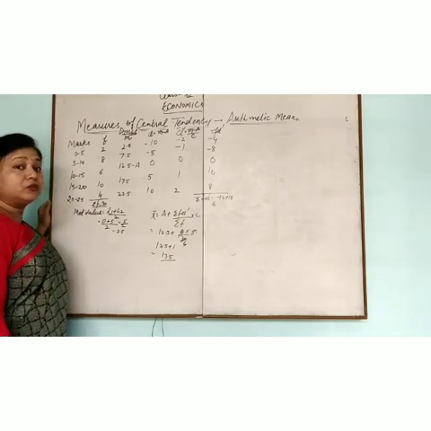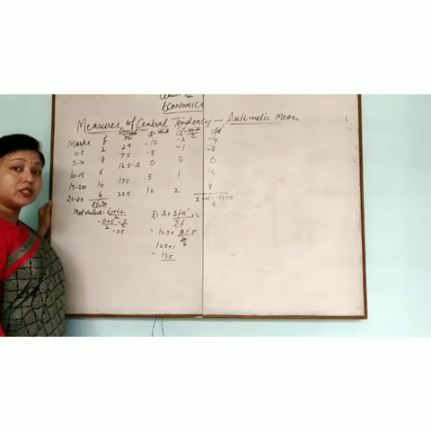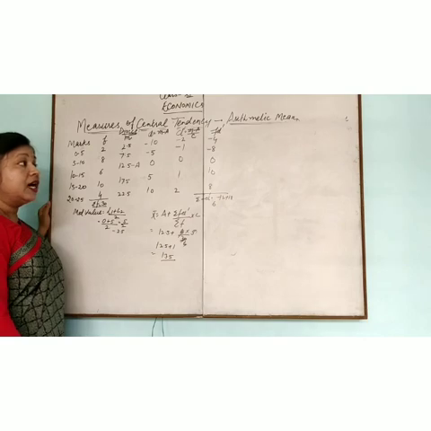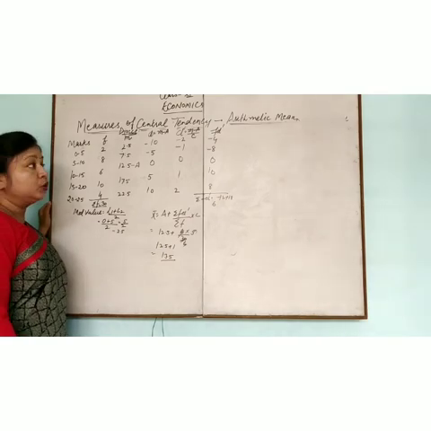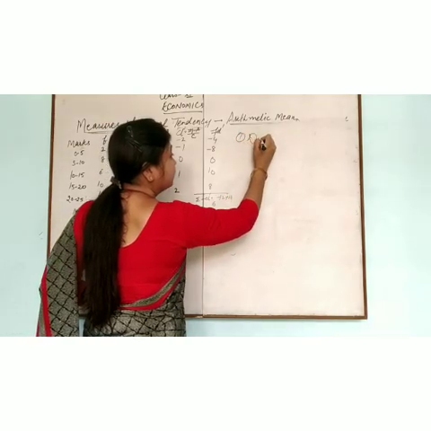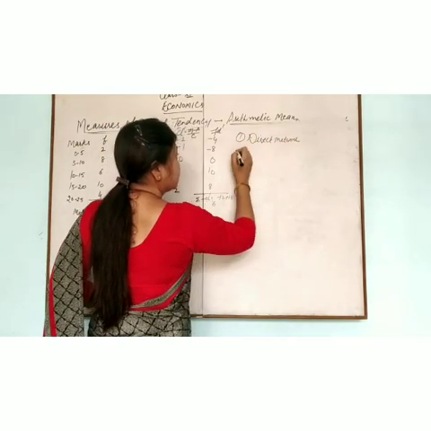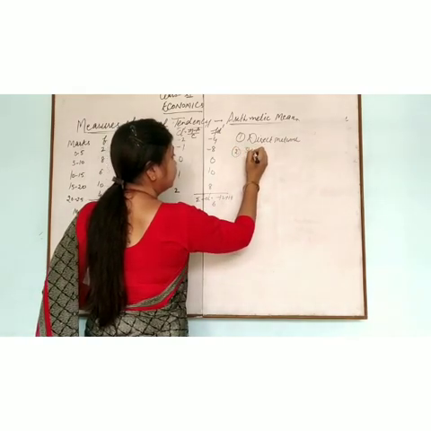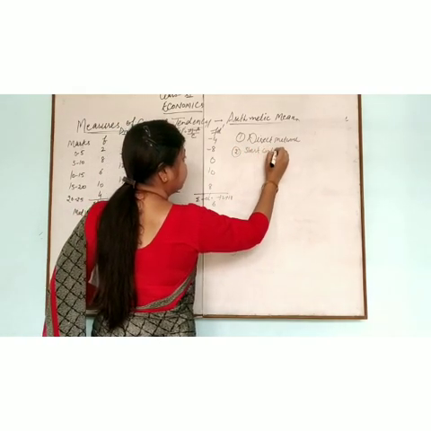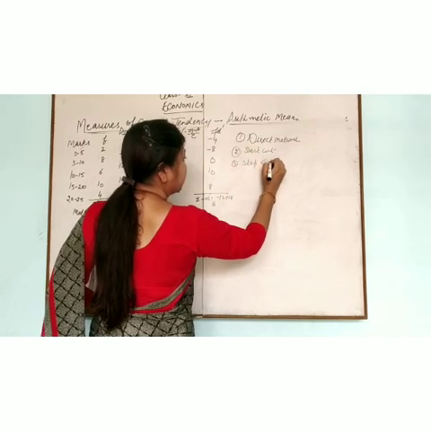We have to calculate the arithmetic mean for individual series, discrete series and continuous series using three methods. One is the direct method, second is the shortcut method, and third is the step deviation method.